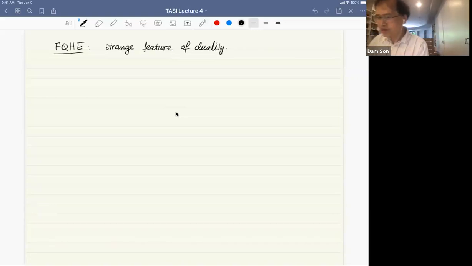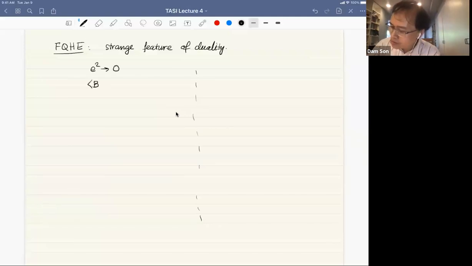I think it's good to talk about things that we don't understand. So let's take the limit again on this side: e squared goes to 0 at non-zero magnetic field, and we said previously in our discussion that there were strange things that prevent us from understanding the ground state.